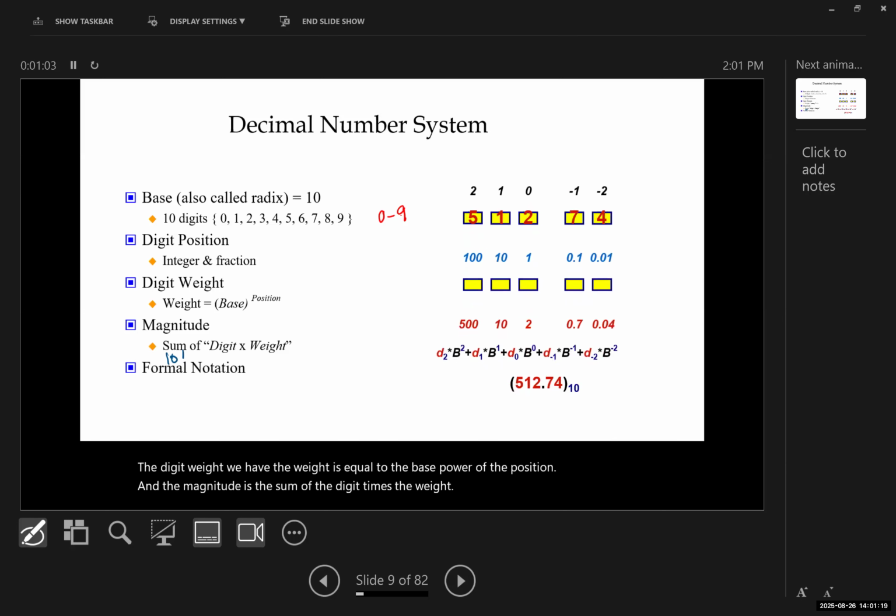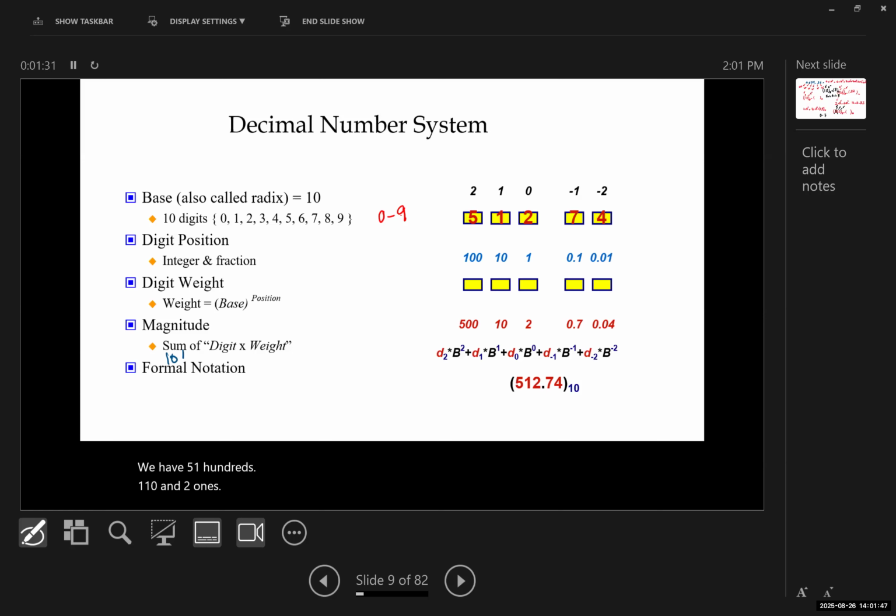Now let's solve a practical problem. So for example, if we have 512.74, we have 5 100s, 1 10, and 2 1s.